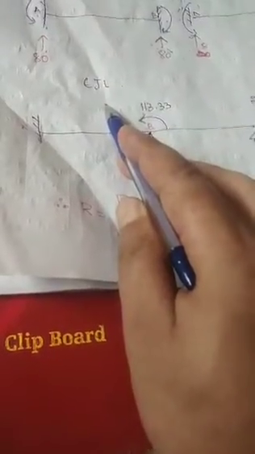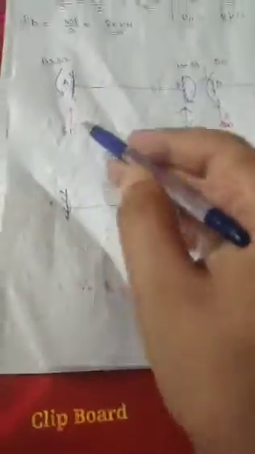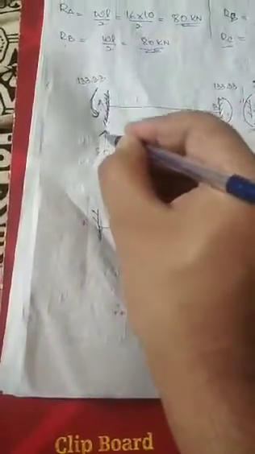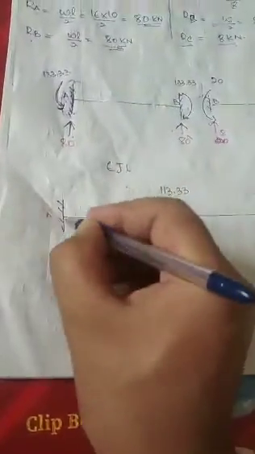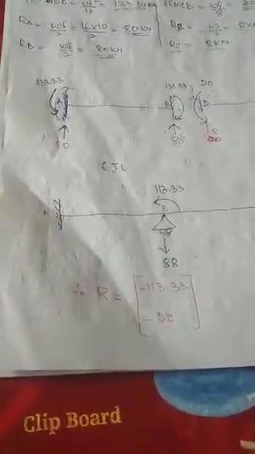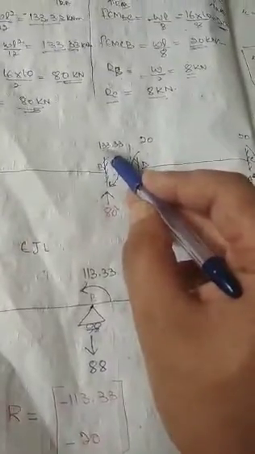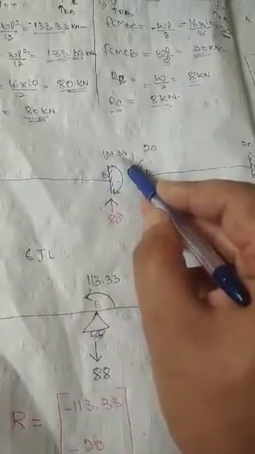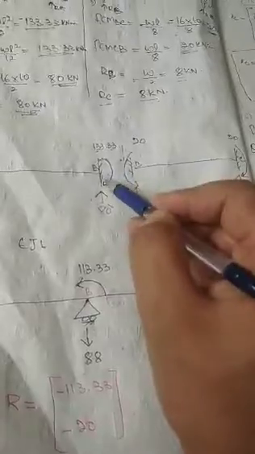Now we have to calculate EJL, equivalent joint load. So how do we calculate that? The fixed beam cancels this moment and this reaction. So here there will be no moment and reaction. So here we can write simply fixed. And second, the load here is 133.33 kilonewton meter in clockwise direction.